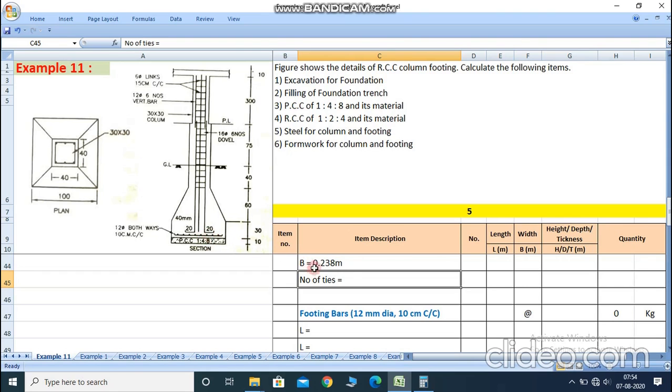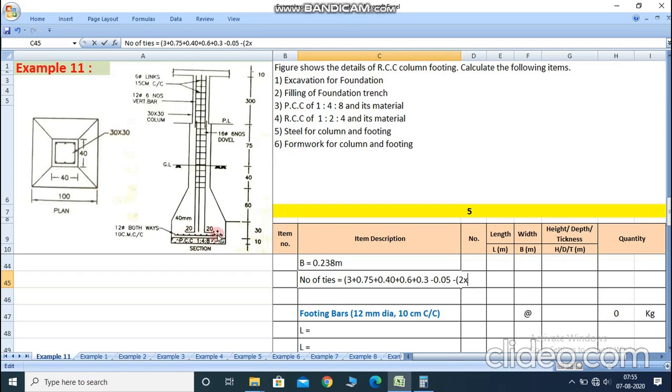So the number of ties is equal to, in the bracket, 3 means 300, plus 0.75 plus 0.40 plus 0.6 plus 0.3, minus the cover provided at the bottom, so minus 0.05, 5 centimeter cover, minus 2 times the diameter of the bar.